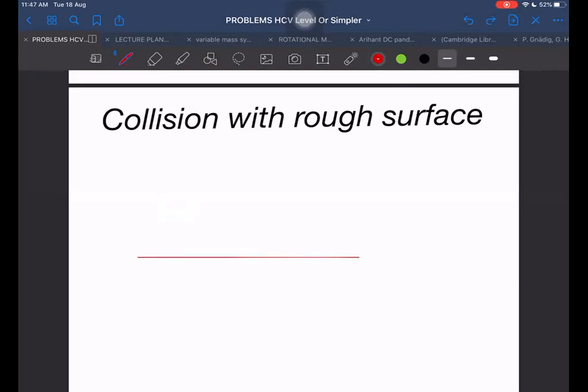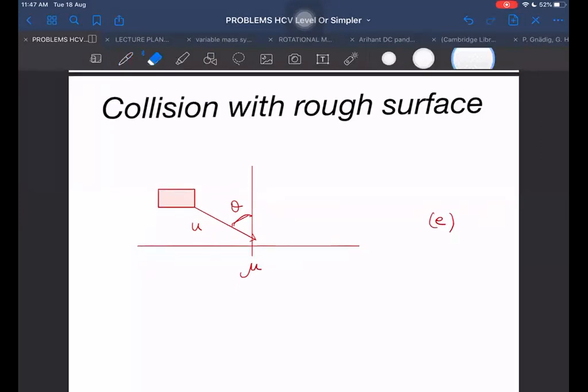Let us say I have one block here and it is coming with velocity u, making some angle theta with the normal, and the coefficient of restitution is given as e.